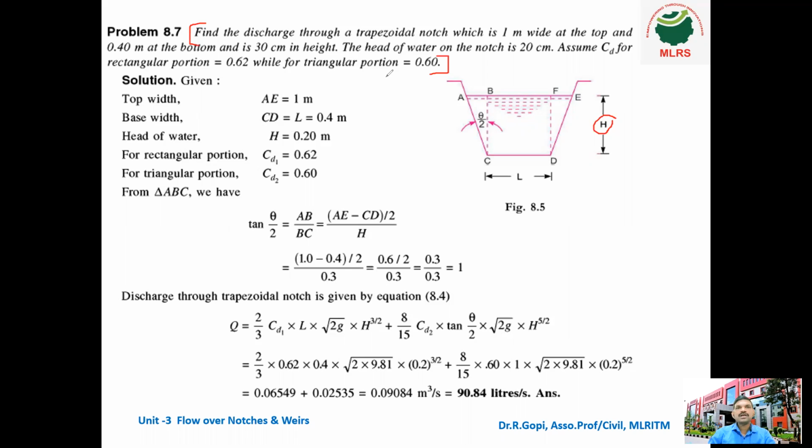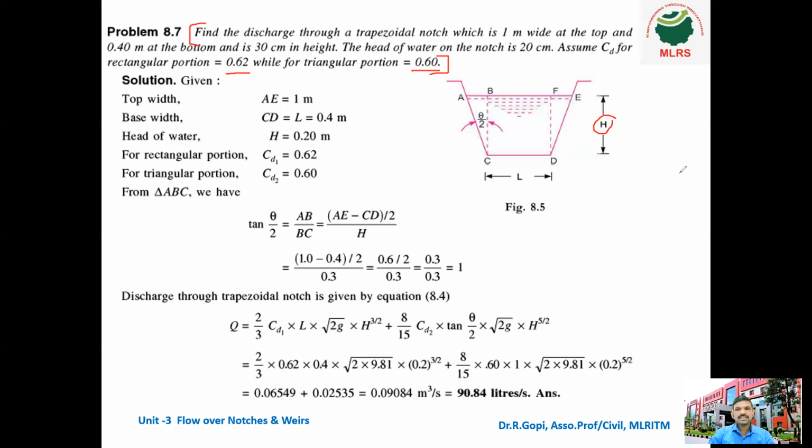The head of water in the notch is 20 centimeter, that means head h is 20 centimeter above the crest. Assume CD for the rectangular portion is 0.62 while for the triangular portion it is 0.6.